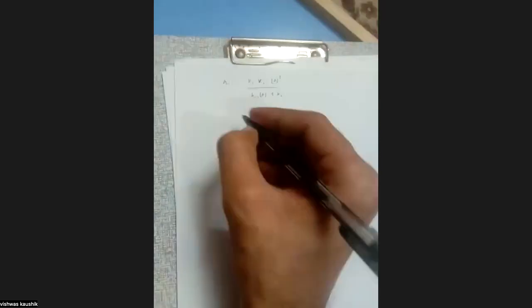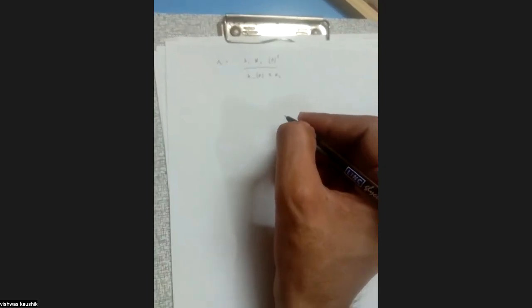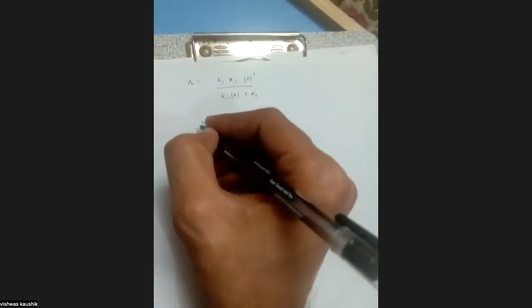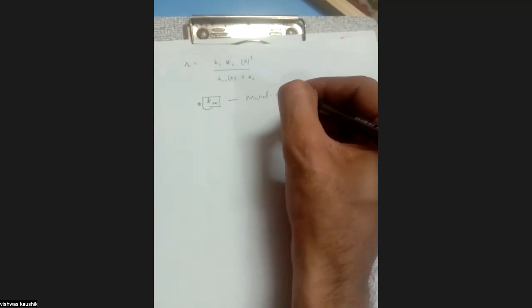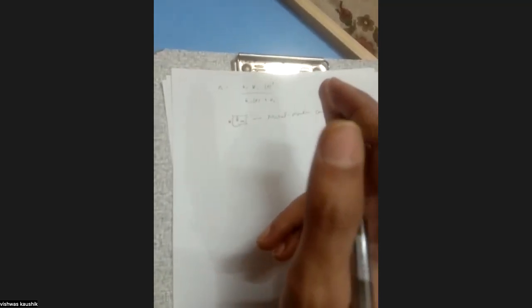So if we have to convert it in the form of Michaelis Menten constant, what we have to do is we divide this equation with K minus 1 A square.